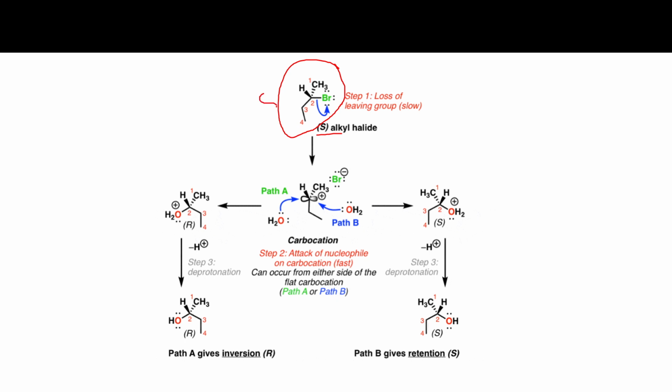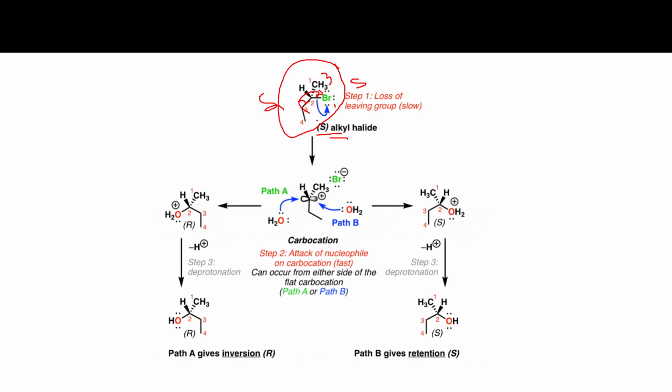This is the first priority, this is the second, this is the third, and 1, 2, 3 goes clockwise. With the lowest priority group at the back, clockwise means S. So this is the S alkyl halide.